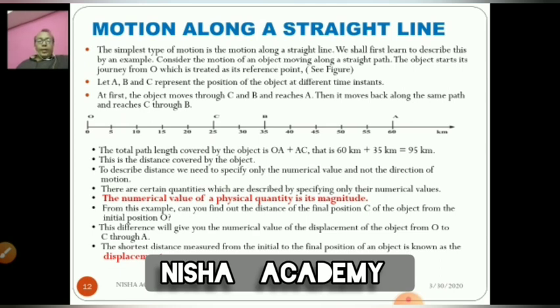So, we can define displacement. Displacement is the shortest distance measured from the initial position to the final position.